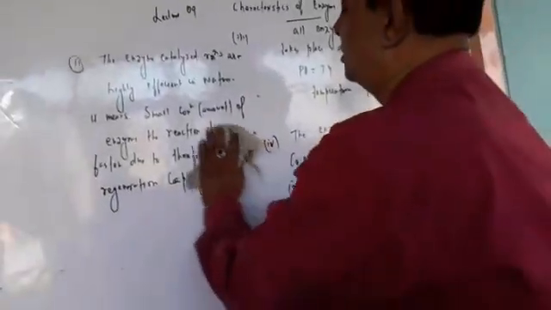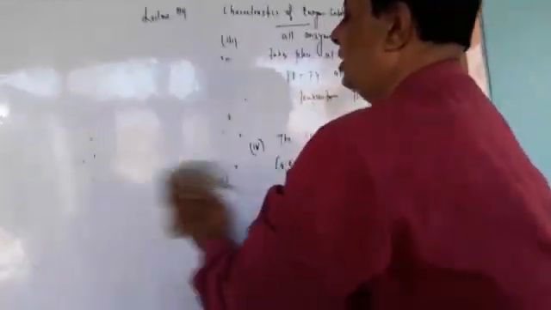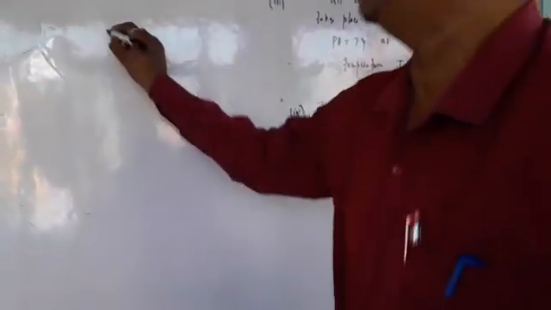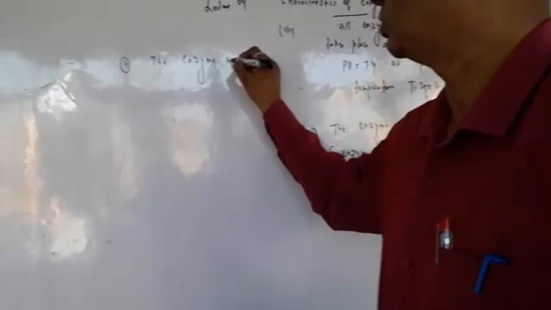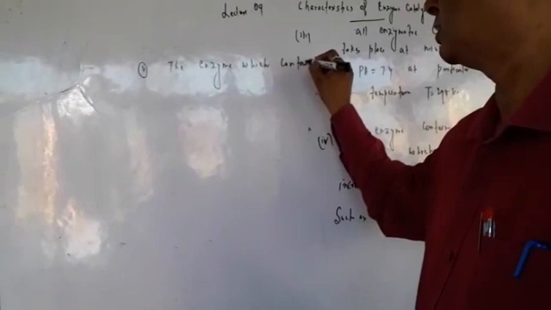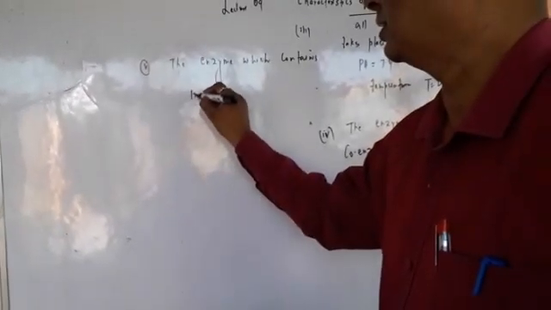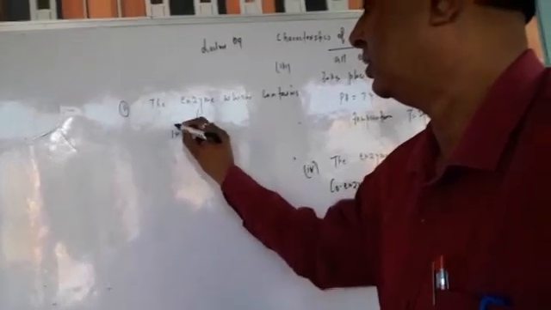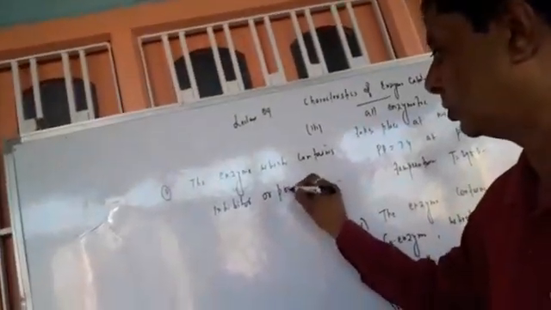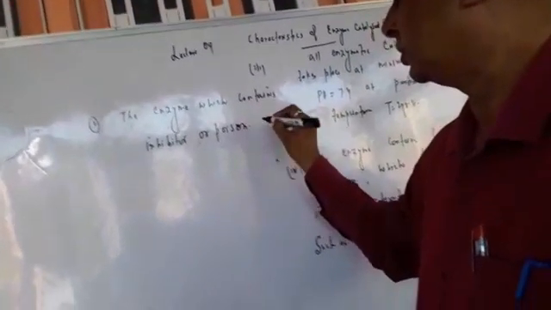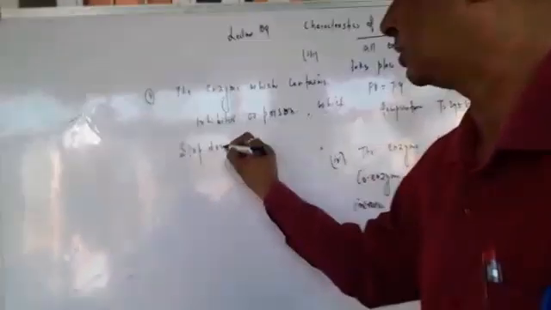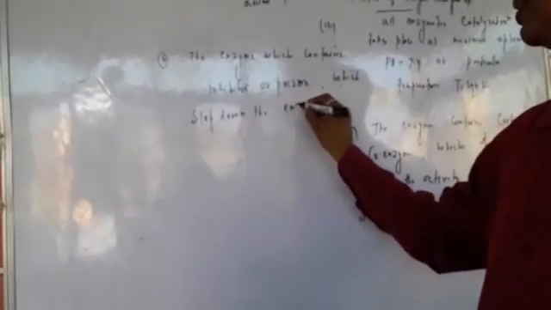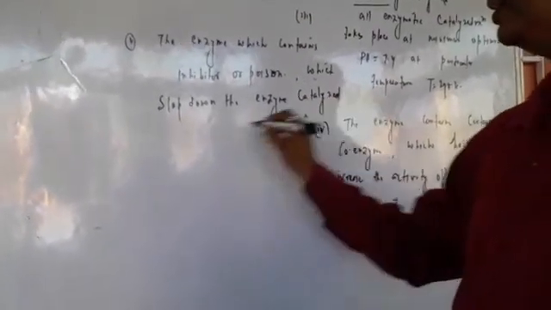The next point we discuss about the characteristics of enzyme catalyzed reactions is that the enzyme contains inhibitors or poison which slow down the enzyme catalyzed reactions.